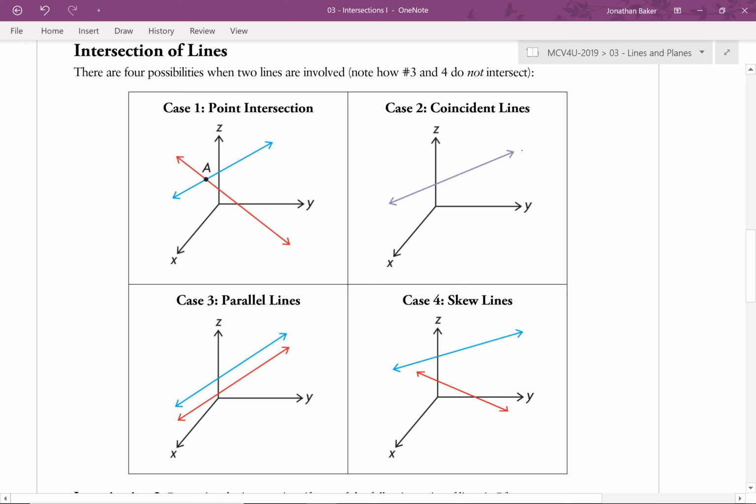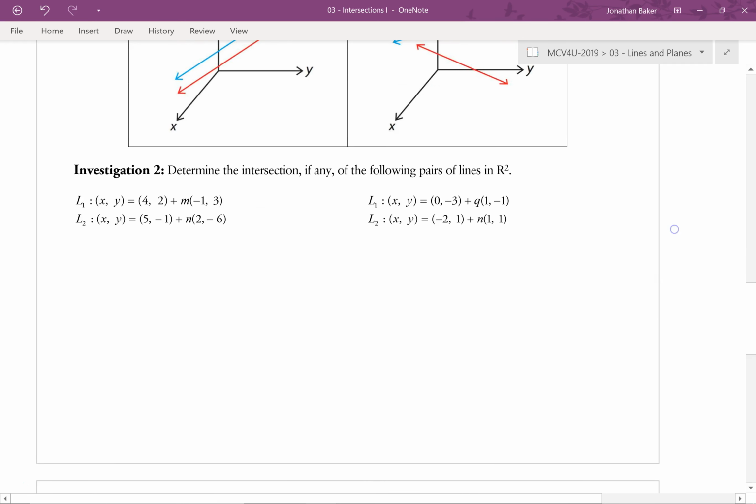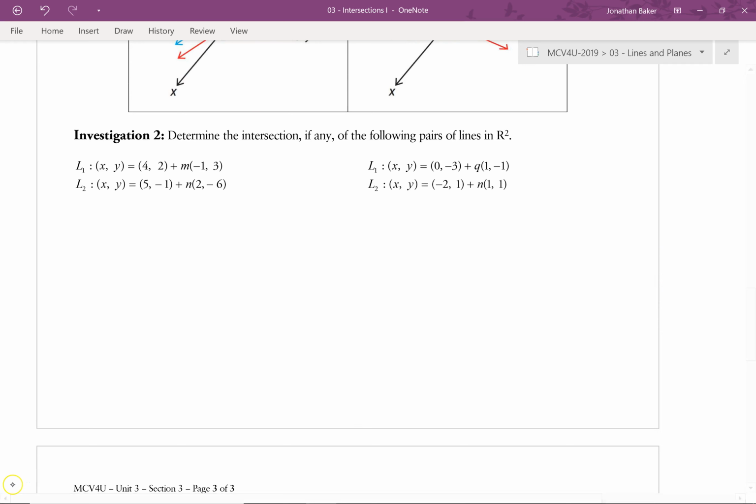Now before we get to these, what I want to do is look quickly at finding intersections in 2 space. In grade 9 when you were given 2 lines and told to find an intersection, it was really just a matter of solving them for y, equating them, and then solving for x. So if we had something like y equals x plus 1 and y equals 2x minus 1, you could equate the y's, so x plus 1 equals 2x minus 1, solve for x, and you'd get your x coordinate of the point of intersection.